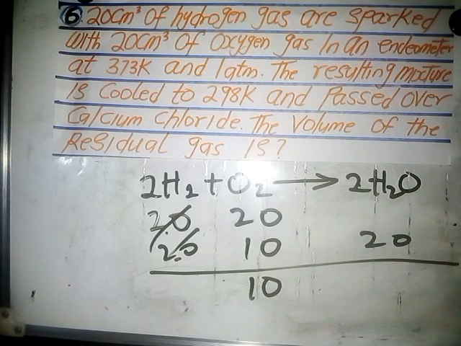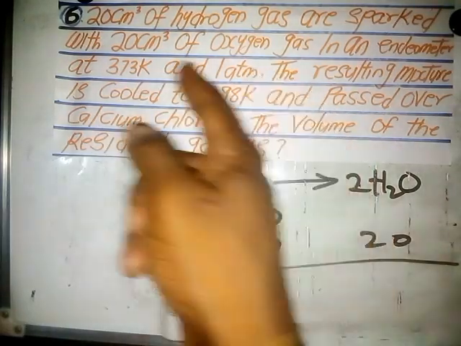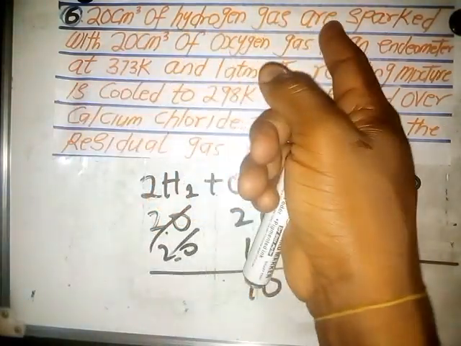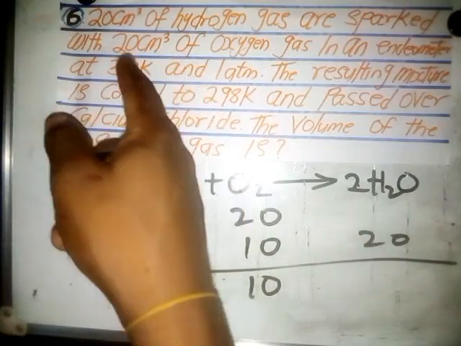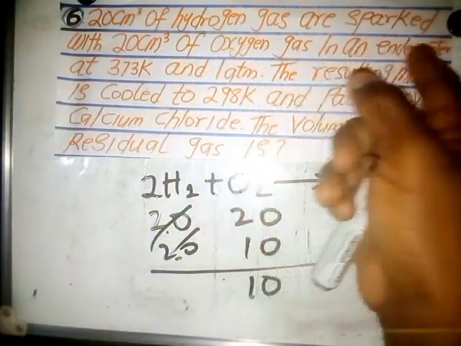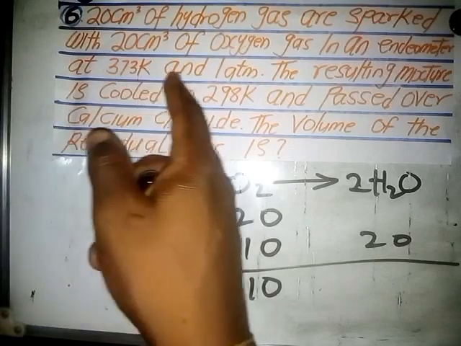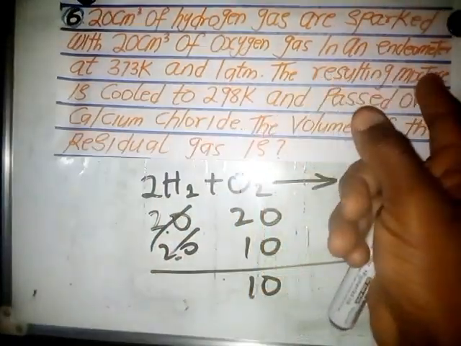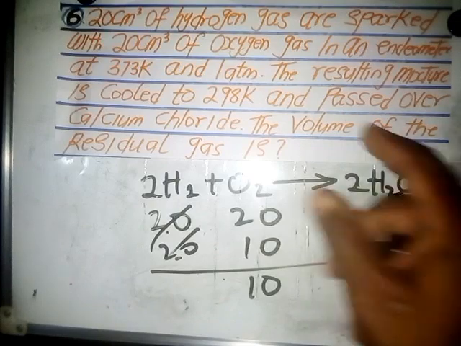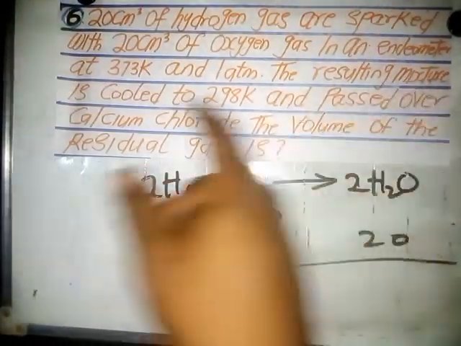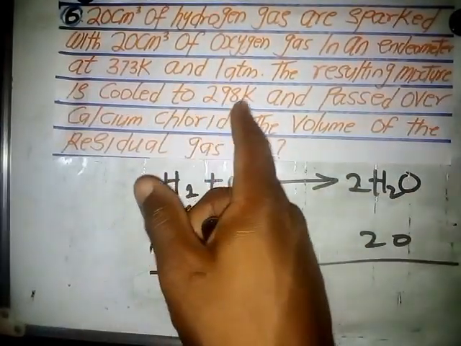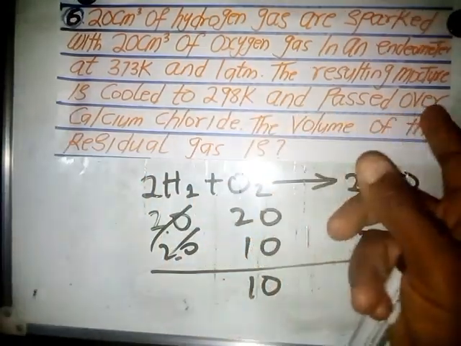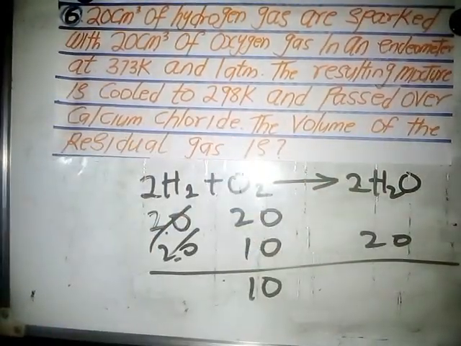But look at this question very well. 20 cm cube of hydrogen gas is packed with 20 cm cube of oxygen gas in a eudiometer at 373 Kelvin and 1 atmosphere. The resulting mixture, that is the product, right? The resulting mixture is cooled to 298 Kelvin and passed over calcium chloride.